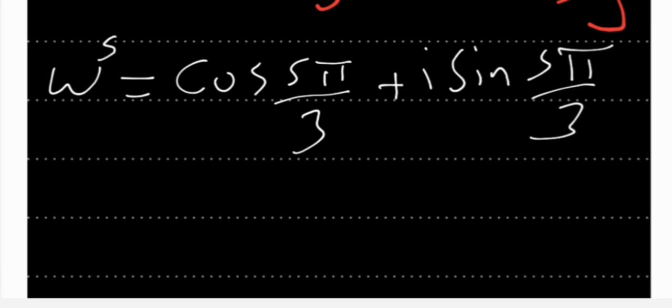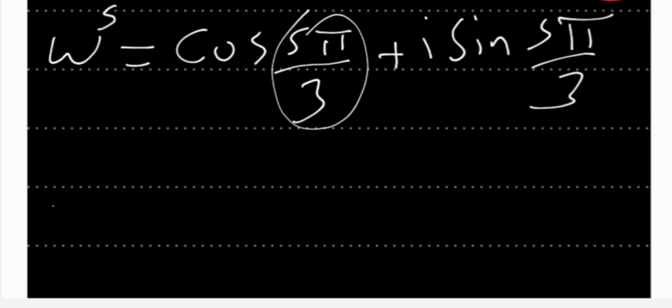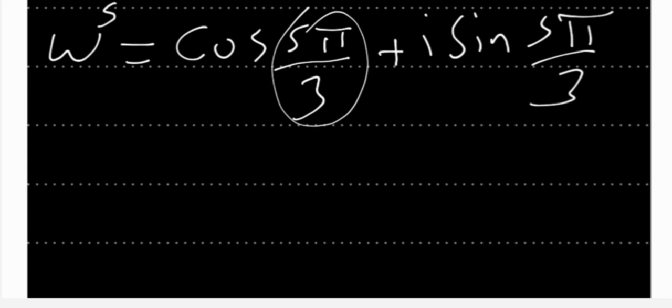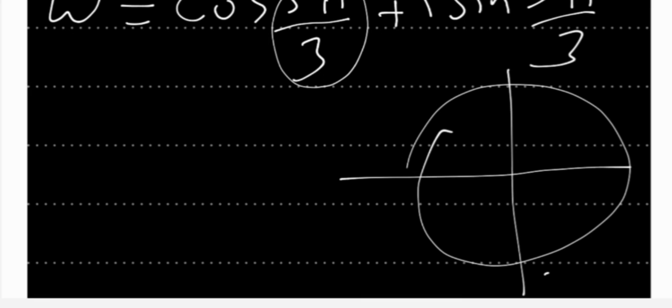So now, 5pi divided by 3 is the angle of 300 degrees. Okay, now if you remember, we have here the trigonometric circle, so the 300 is over here, right? It is minus 60.